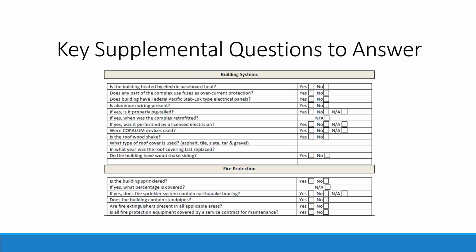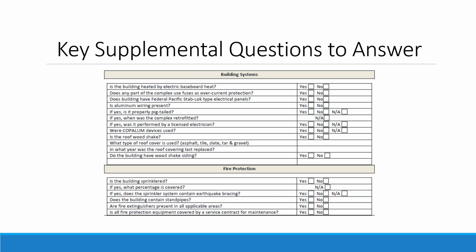All right, so I have pulled on this slide and the next slide a couple sections from our apartment supplemental, and I just want to go over a few of the questions that I often see misanswered, or that brokers aren't sure how to answer, just to give you guys an idea, if I'm coming back to you on this, this is why.